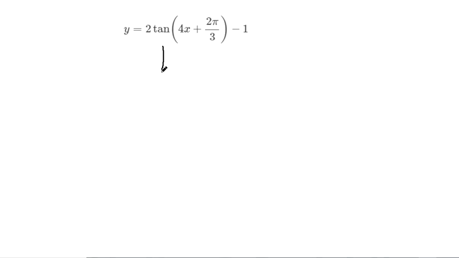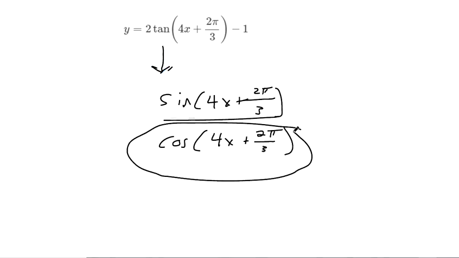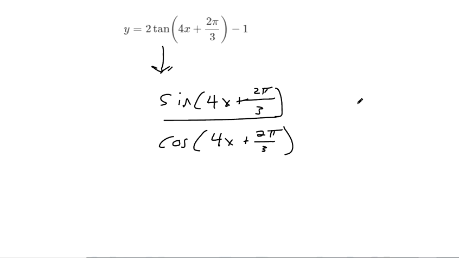So I'm just going to jump right to the fact that tangent is sine of 4x plus 2 pi over 3 over cosine of 4x plus 2 pi over 3. So when the denominator equals 0, then we have a divide by zero error.